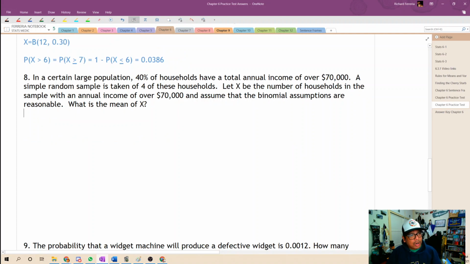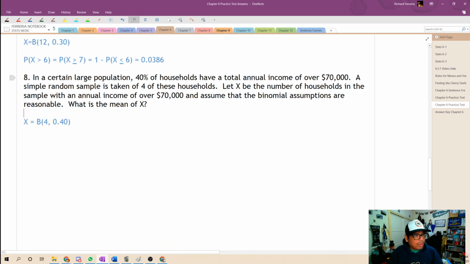Next, we have a certain large population. 40% of the households have a total income of over 70,000. A simple random sample is taken of 4 households, and let x be the number of households with an annual income over 70,000. And assume that the binomial assumptions are met. So what is the mean of x? So x is a binomial distribution with n equal to 4 and p equal to 0.4.